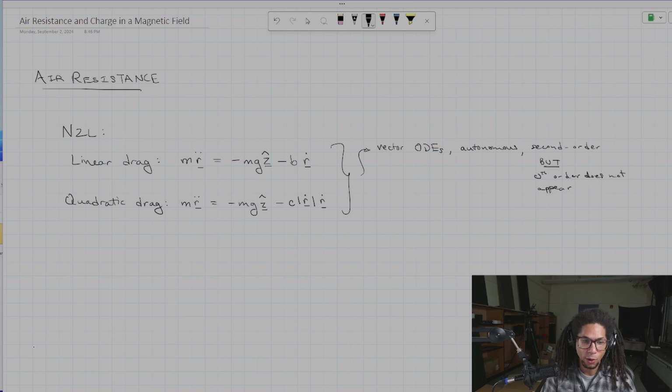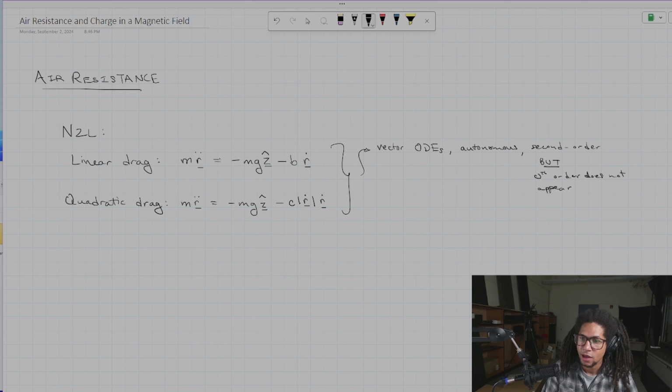Which means that in both of these cases, rather than treating these as second order ODEs for the position, I could treat them as first order ODEs for the velocity. And that's a technique that can get you very far in a setting like this.